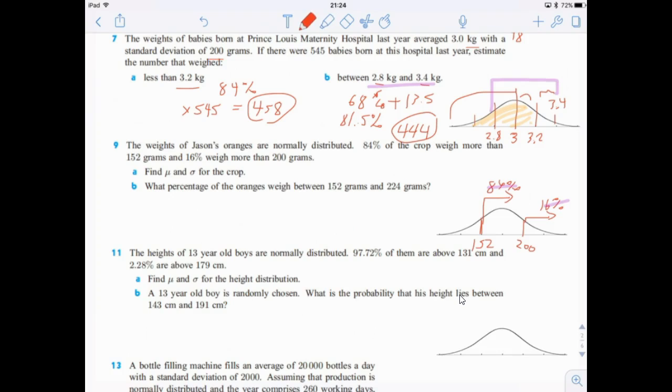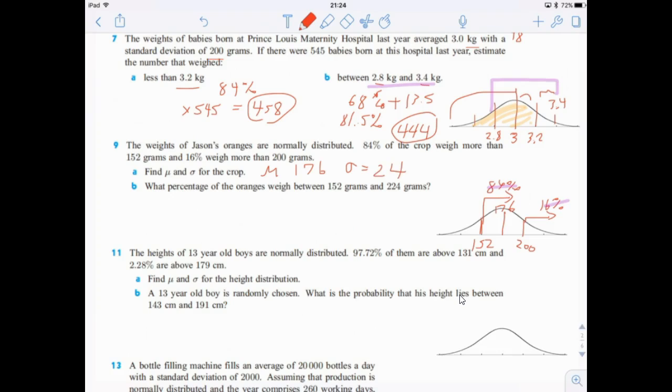So what is the middle value? That would be halfway between 152 and 200, which would be difference of 48. So we would add 24 to 152. It would give us 176. So now we know that the mean is 176. So the mean is 176, and the sigma is going to be the distance between 176 and 200, or 176 and 152, which is 24.